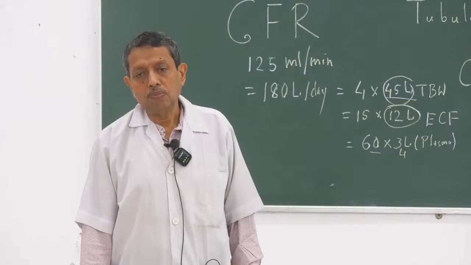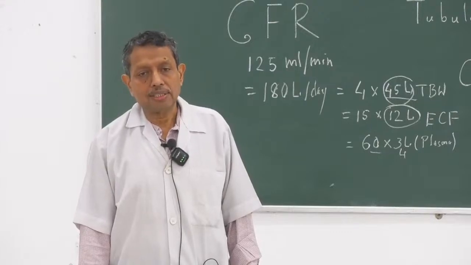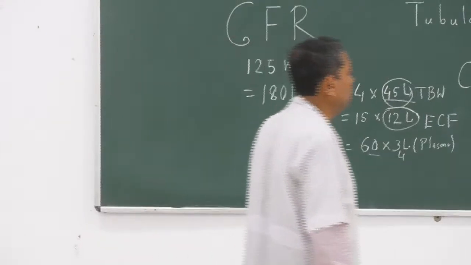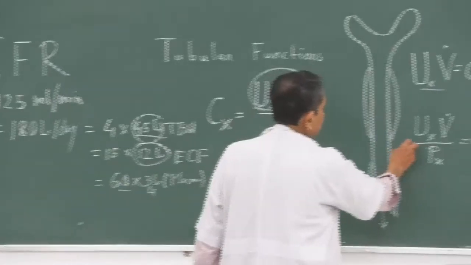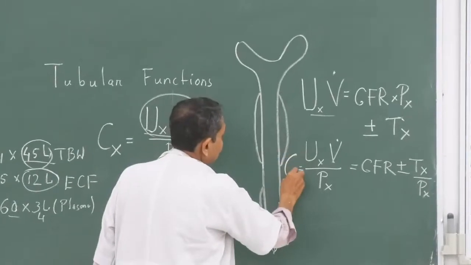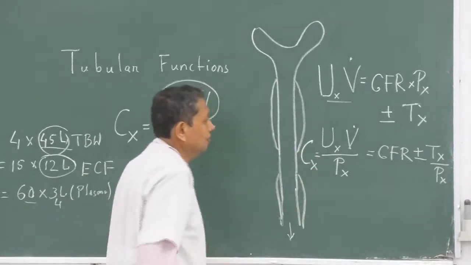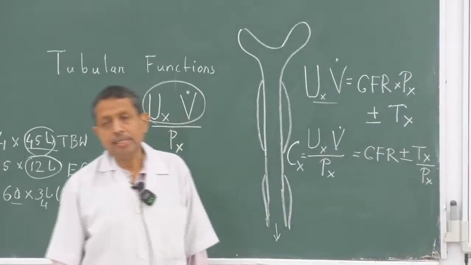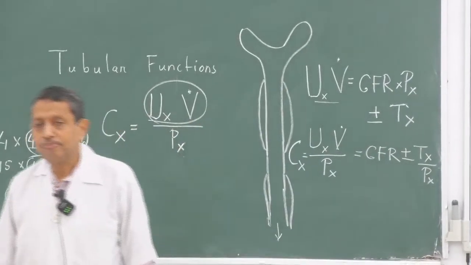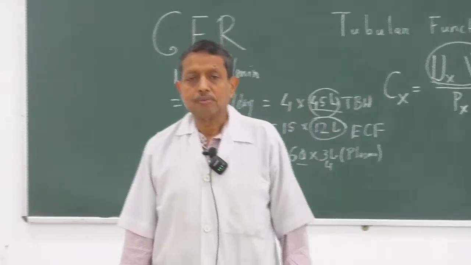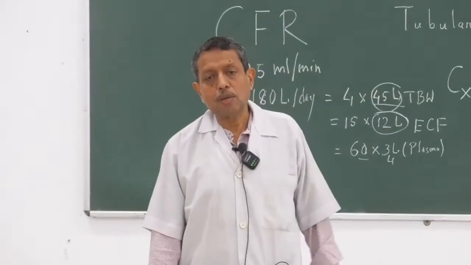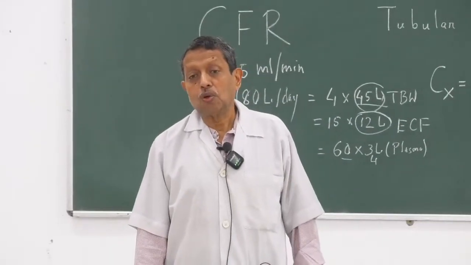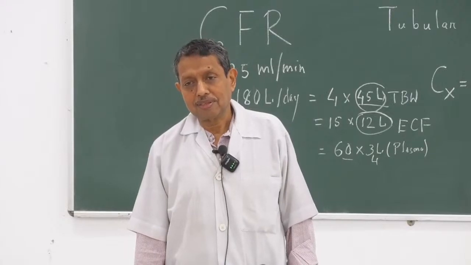And when you make its clearance, it becomes equal to the GFR. Cx, clearance of X: whenever this part is 0, then the clearance of X becomes equal to glomerular filtration rate.